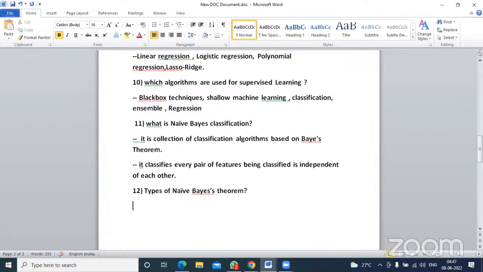How many types are there in naive Bayes theorem?